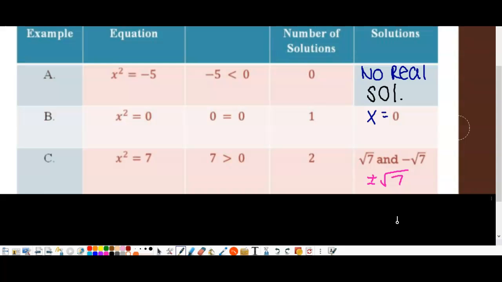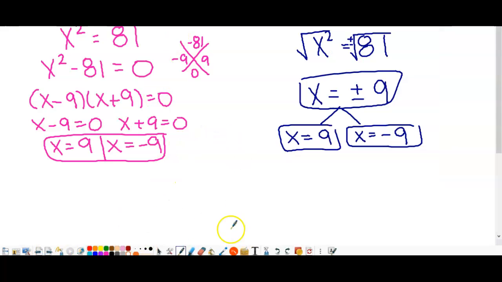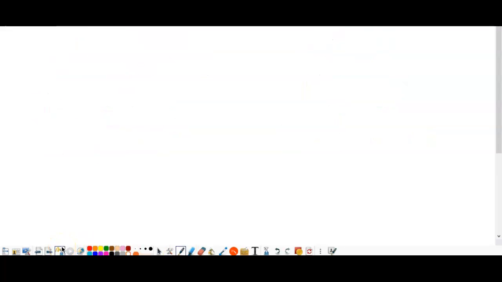Let's look at some examples. So for x squared equal to 81, I'm going to show you the old way, and I'm going to show you the new way. So the yesterday method, what was rule number 1? Perfect.